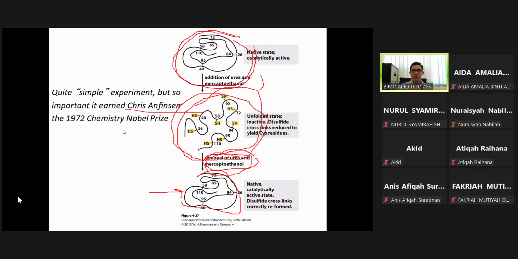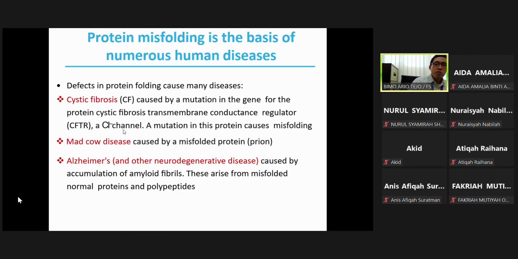So protein misfolding is the basis of numerous human diseases. I explained to you about Parkinson's disease, caused by the tau protein, the protein that keeps the integrity of your nerve cells. When you are old, the protein becomes misfolded because of hyperphosphorylation, and it causes Alzheimer's disease in humans.